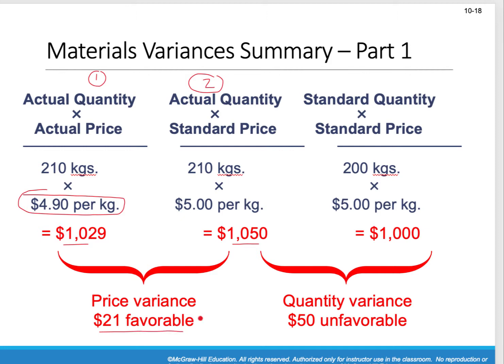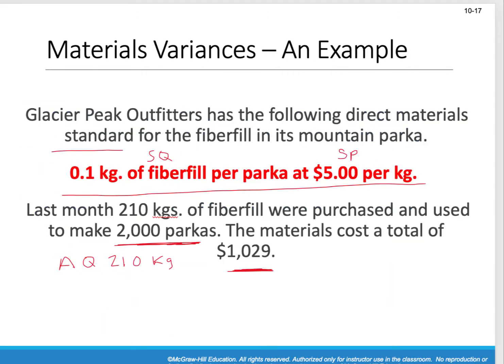Okay, favorable. Now we look at the standard quantity, right? Well, let's go back. They didn't tell us what our standard quantity was. They said it was 0.01 kilograms per parka, but they didn't tell us what the total standard quantity was.